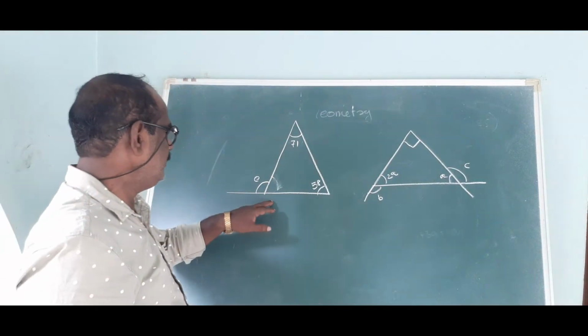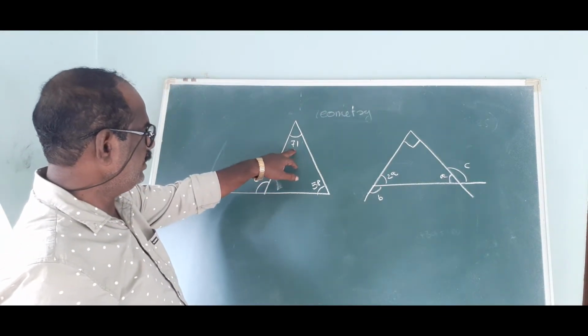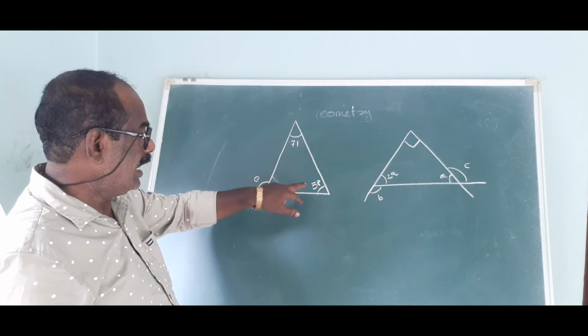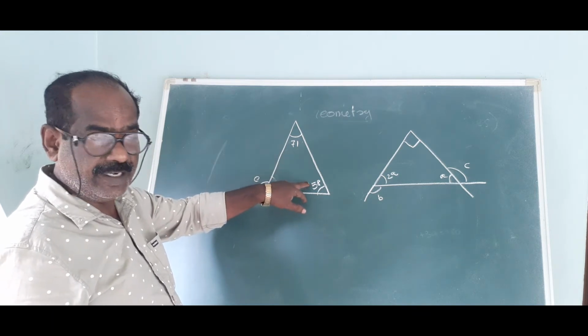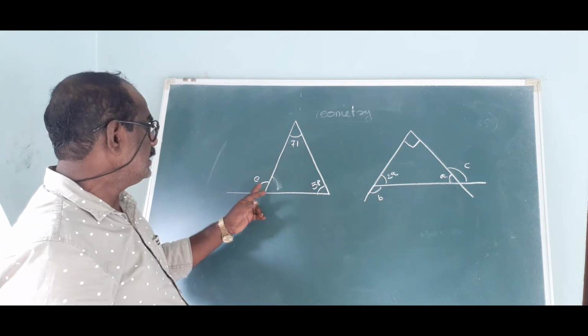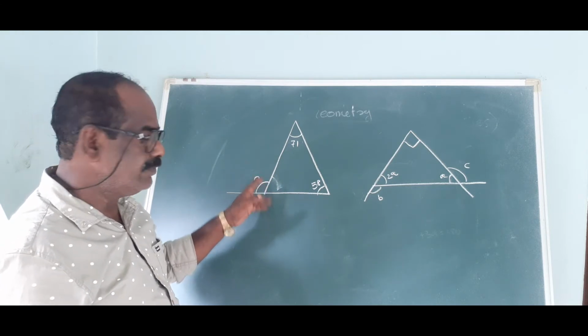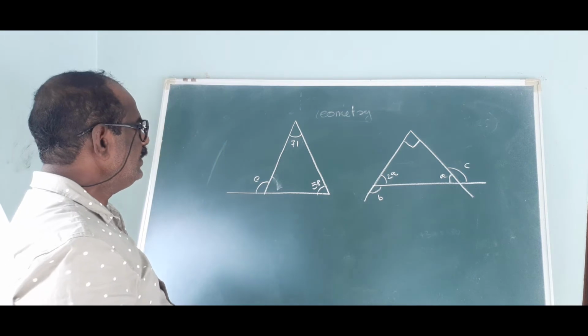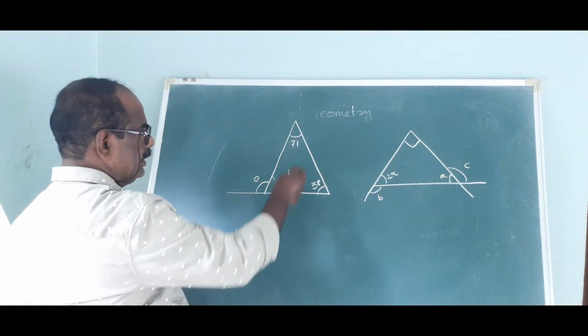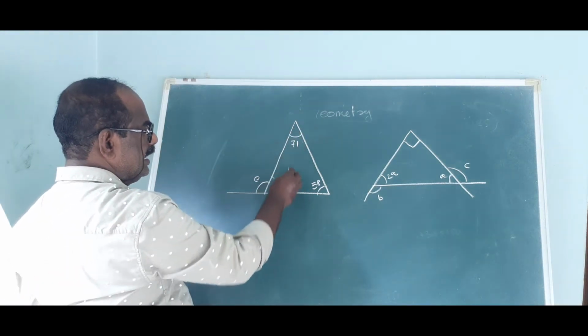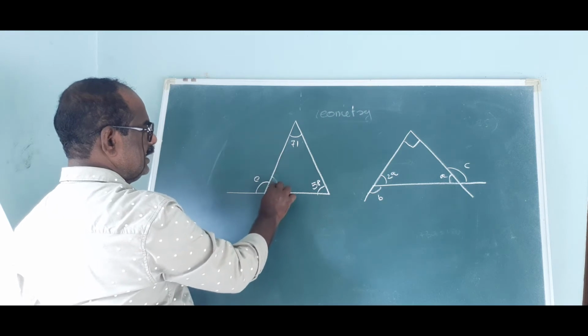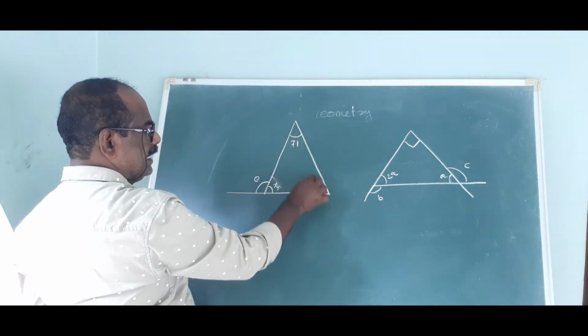In the first figure we can see one interior angle is 71, another interior angle is 58 of a triangle. This is the exterior angle of the triangle. We have to find the exterior angle. First of all, we can find the remaining angle, which we call x. The sum of the interior angles is equal to 180.